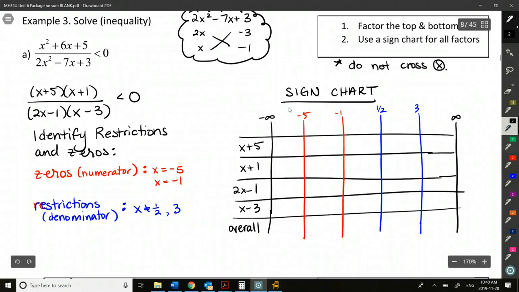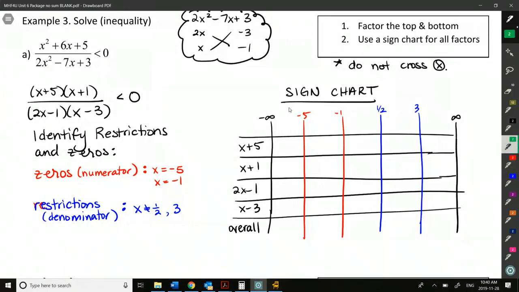Anyone remember what we do next? How do we use this now? Right, so I want a number in between negative infinity and -5. Sure, -6. I want a number between -5 and -1. -3 sounds good.